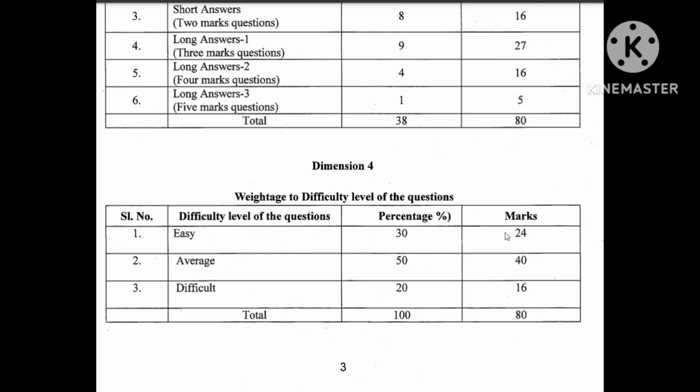So easy questions are of 24 marks, average questions 40 marks, and difficult questions 16 marks. See my dear students, even if you leave out these 16 marks, the rest are going to give you a great choice. 40 plus 24 gives you 64 marks. So please pay attention to the average and easy level of questions. So this is the final difficulty level.